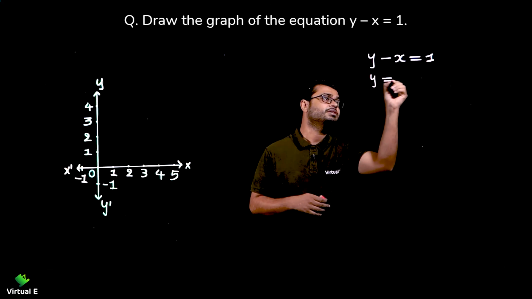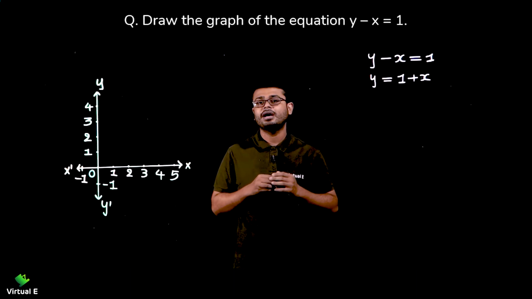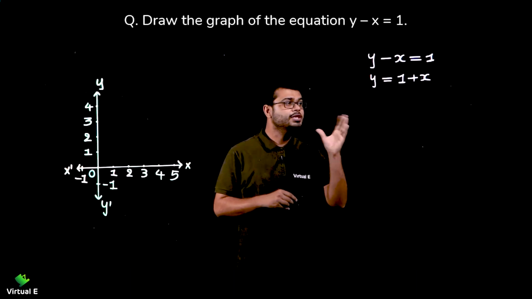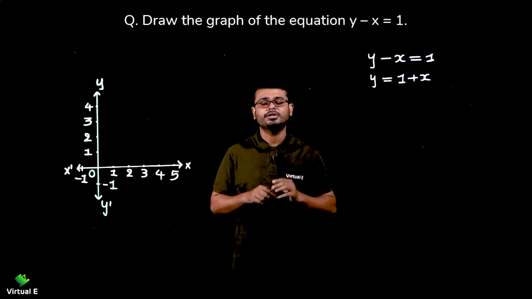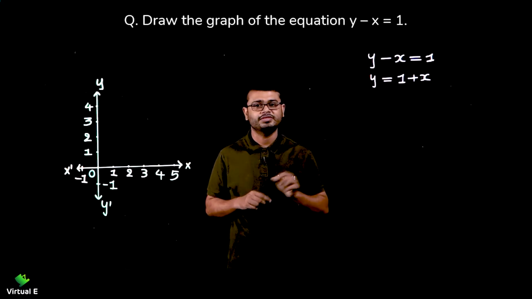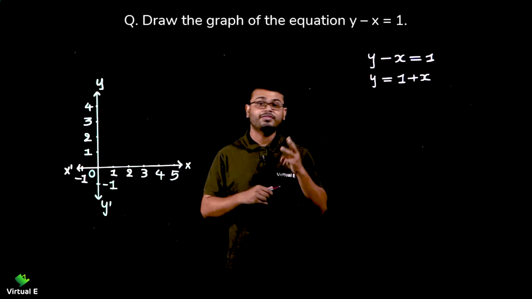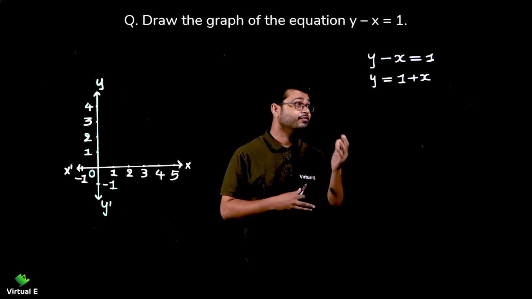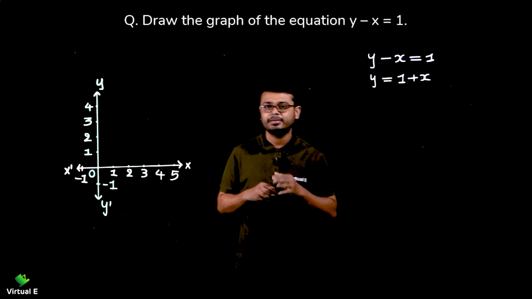So y is equal to 1 plus x. Now we are going to find 3 or 4 solutions for this. Generally 2 solutions are also okay, because to draw a line you need 2 points. If you find 3, that is better, and if you find 4 or 5, that's excellent. That's up to you and depends on the time as well.